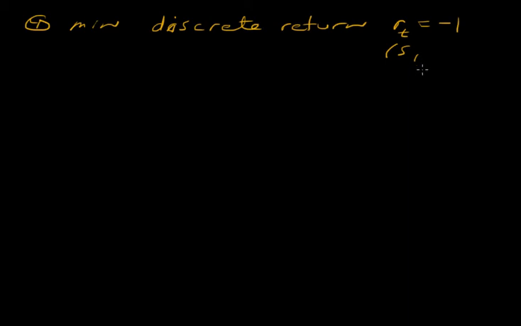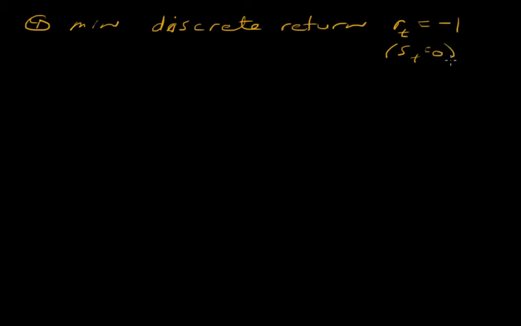Notice that the minimum discrete return would be when you essentially lose everything, so your return is -1, and that would happen when your outcome is 0.